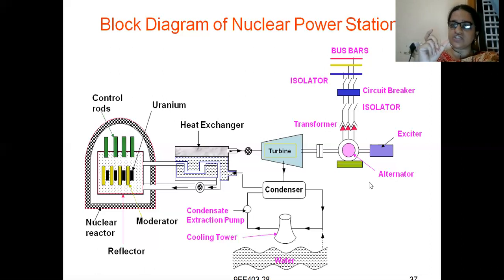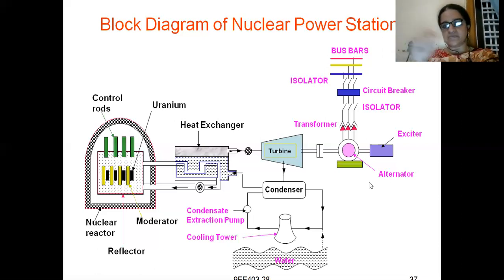So the heat exchanger is placed immediately after the nuclear reactor, and pipes are connected from the nuclear reactor's rectangular box to our heat exchanger, so that heat will be exchanged easily from the nuclear reactor to this heat exchanger component.